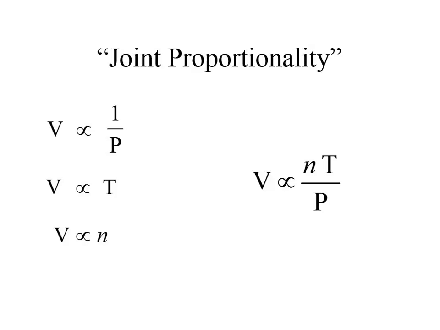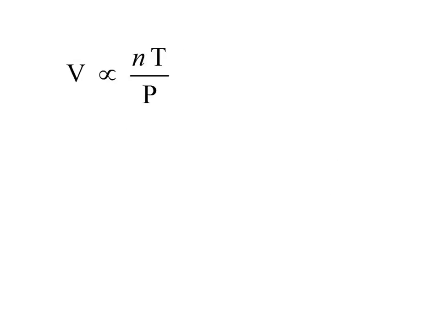With all of these combined with volumes on the left, we can say that the volumes are all proportional to the things on the right, all put together. So we have T and N on top in the numerator and P in the bottom. Okay, directly proportional. So again, we can replace that proportionality symbol with a constant and get an equal sign.